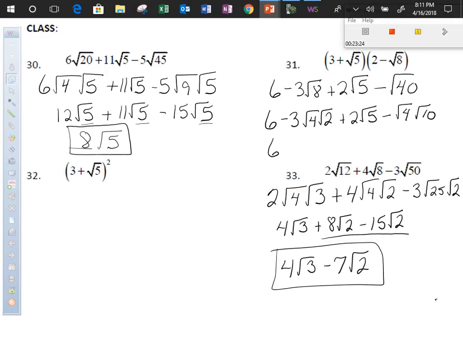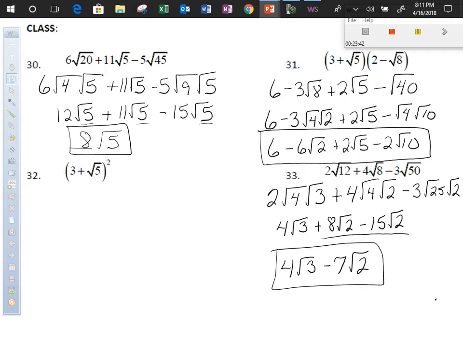I'm going to go 6. Square root of 4 is 2 times 3, so I've got minus 6 radical 2 plus 2 radical 5 minus 2 radical 10. Now, there's no like terms there, so there's your solution.